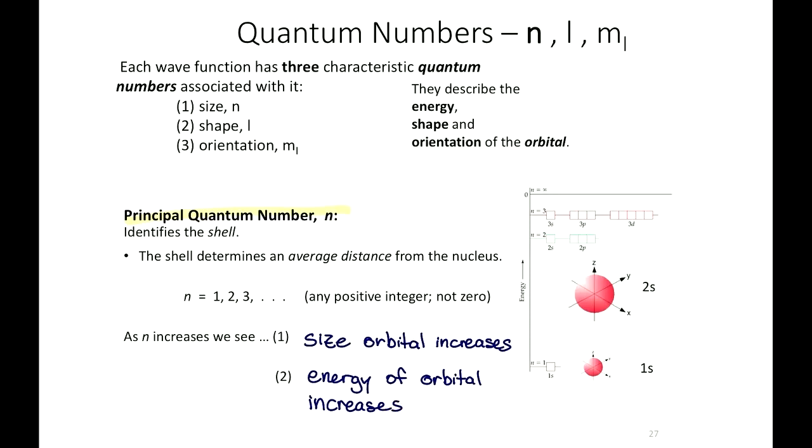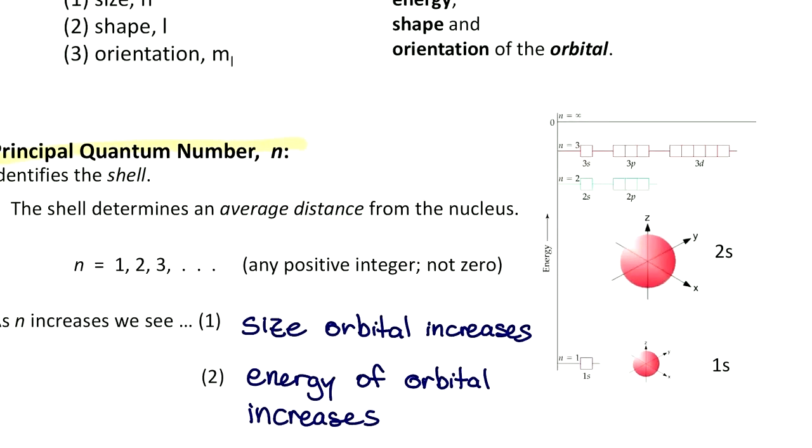N can be any integer value other than 0, so n can be 1, 2, 3, etc. Here we have an n equals 1 electron, and then we have an n equals 2 electron up here. We see n equals 2 is both higher in energy, but also the space that you'll find the electron is a larger space. So n is related to size and energy.